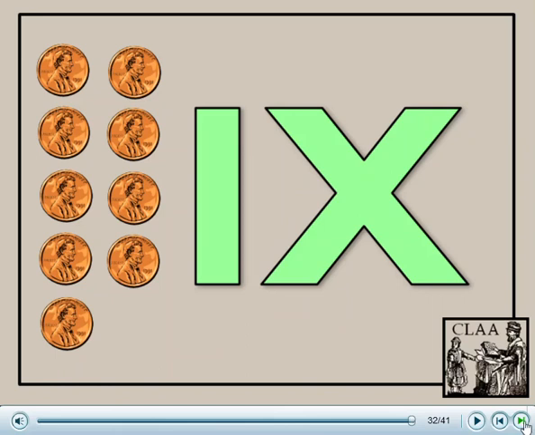Unus, duo, tres, quatuor, quinque, sex, septem, octo, novem.